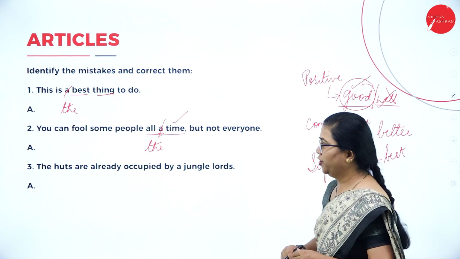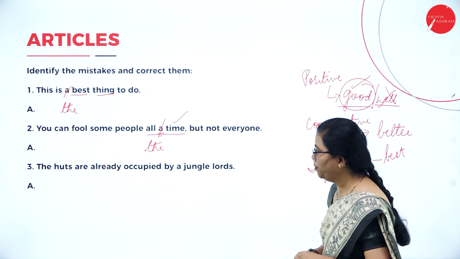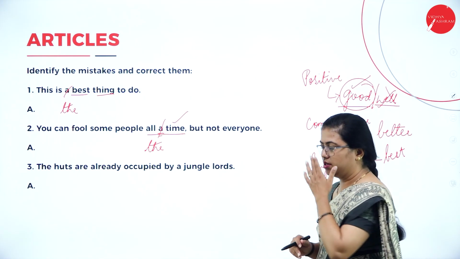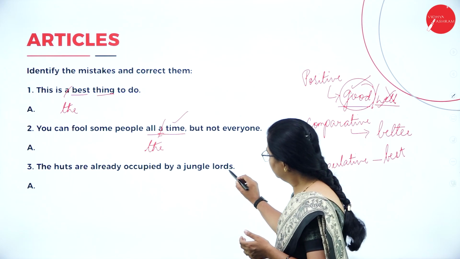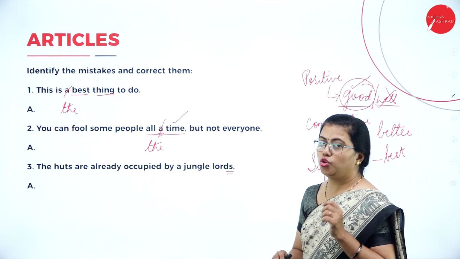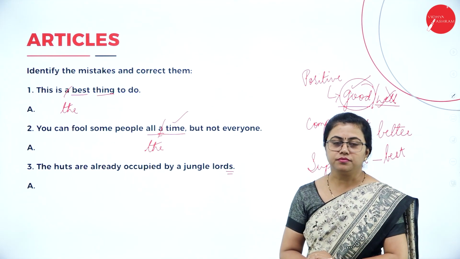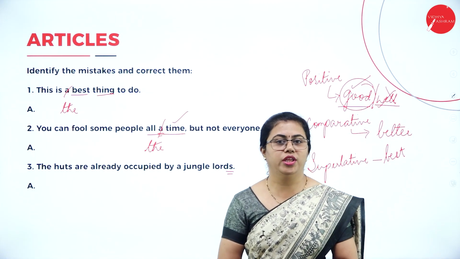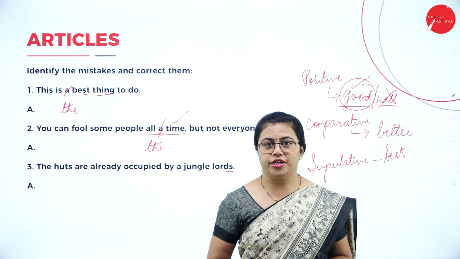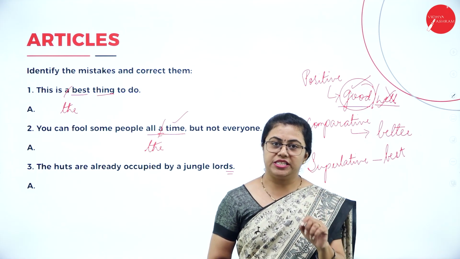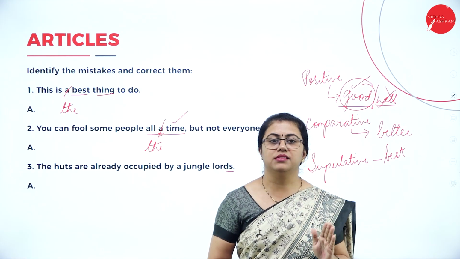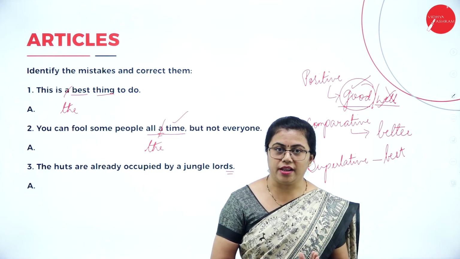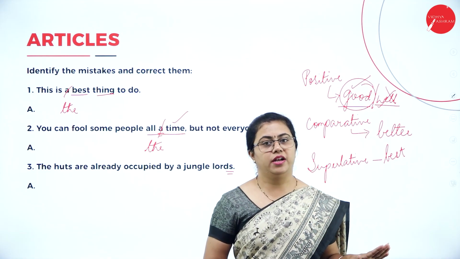Fine. Going to the next one. The huts are already occupied by a jungle lords. As I told you, whenever it is plural, you don't use any article. Whenever you are using a plural noun, you don't use any article for that matter. Only in specific, rare cases, you make use of definite articles, but not at all indefinite articles.